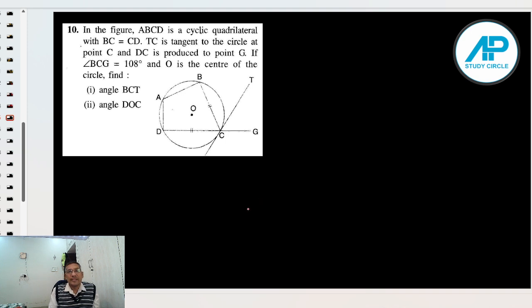In the figure, ABCD is a cyclic quadrilateral with BC and CD equal. TC is tangent to the circle at point C and DC is produced to point G. If angle BCG is 108, find the angle BCT, this part of the angle, and angle DOC.